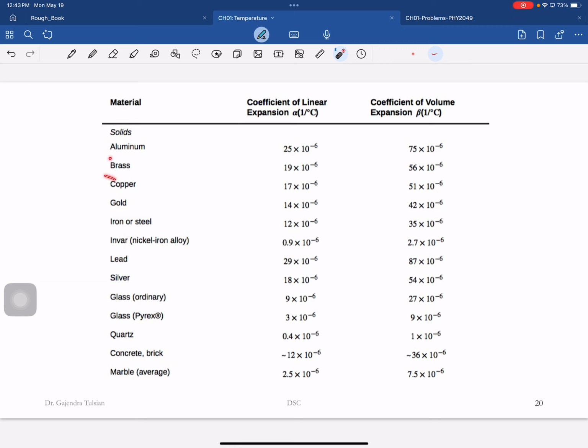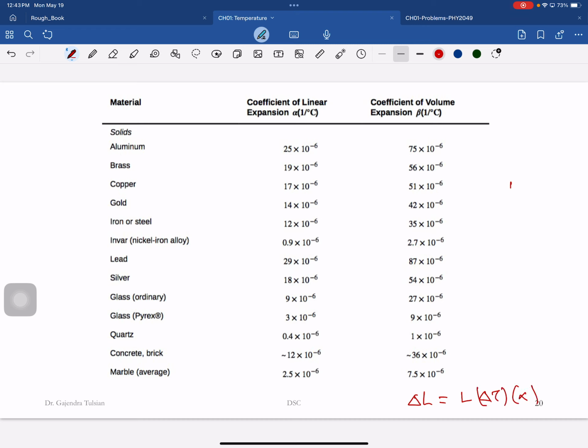All right, let me illustrate this number. Let's say we take an aluminum rod, and it's 1 meter long. We'll heat it by 1 degree Celsius.